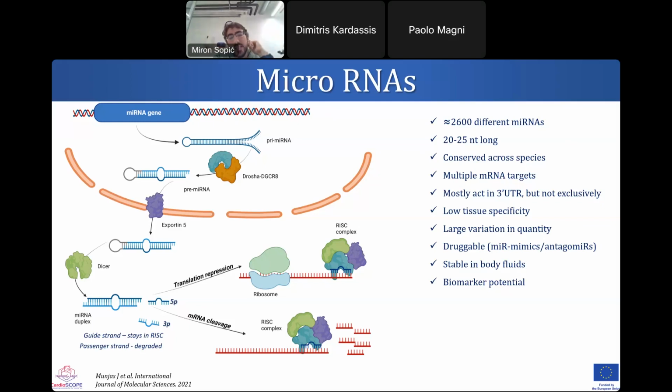Then it gets exported through a specific type of transporters outside the nucleus into the cytosol, and there it becomes a substrate for a specific nuclease that is called Dicer. Now, Dicer is really important because you can see here it removes this loop of the hairpin, and then what you have is basically two strands of RNA that are duplexed together. And also, please just note it, I will pay attention to this later, but there are these overhangs on these sides, and this is very important.